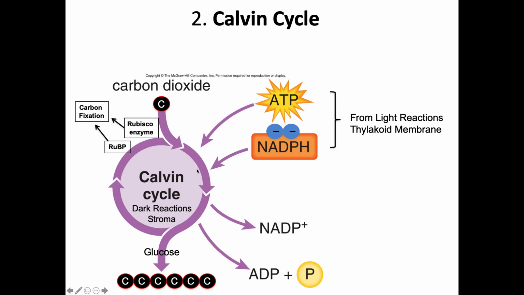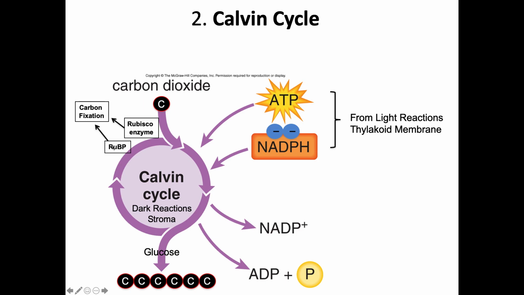So what happens in this Calvin cycle is that you have one molecule of carbon dioxide. So this is going to represent your carbon dioxide, because carbon dioxide is made up of only one carbon atom. So this carbon dioxide goes into the Calvin cycle where it'll meet up with an enzyme called rubisco enzyme.